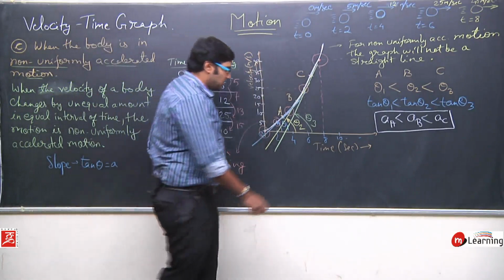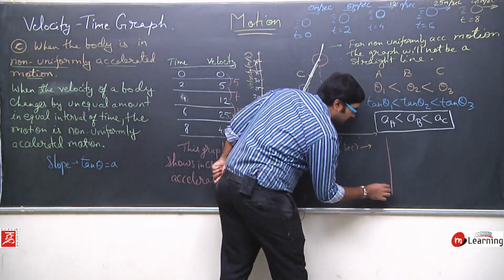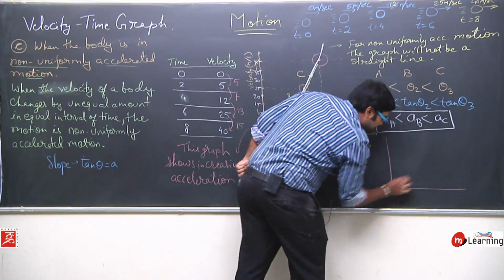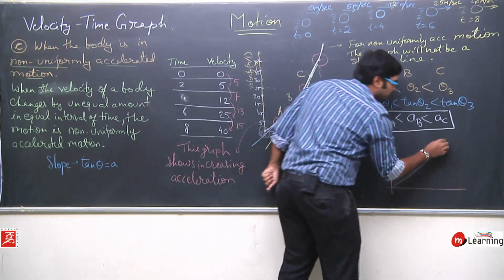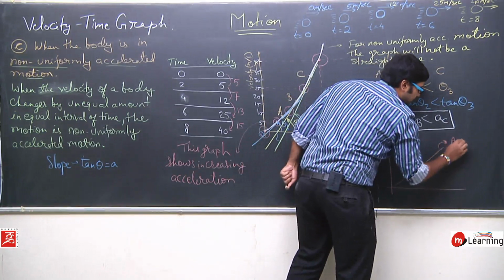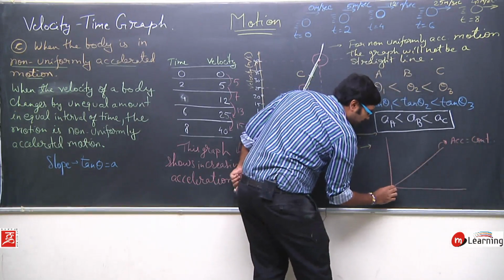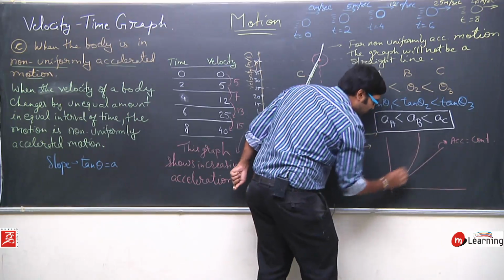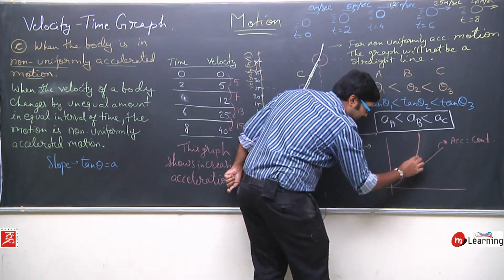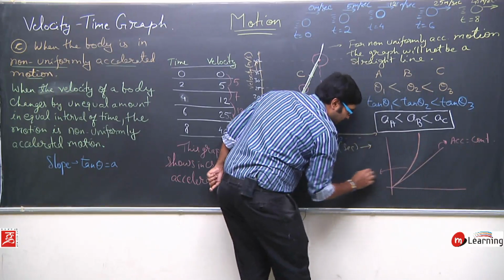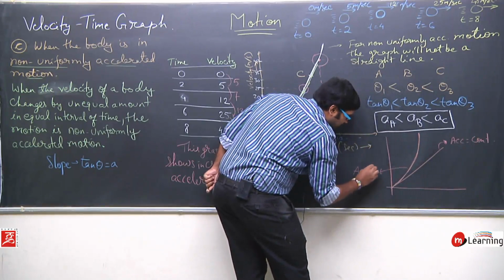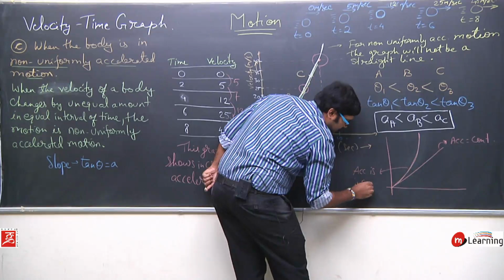So we have a very important conclusion from here: the straight line represents that acceleration is constant. A curve like this will represent acceleration is increasing.